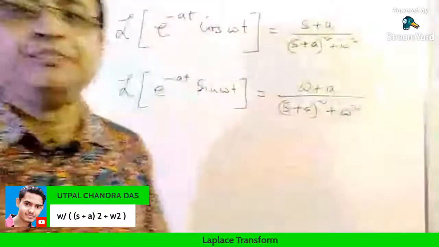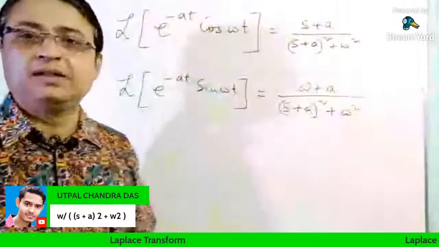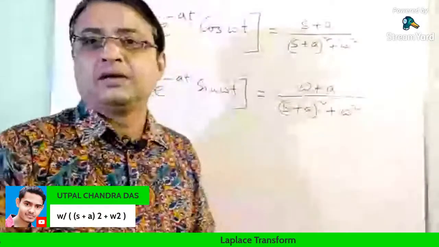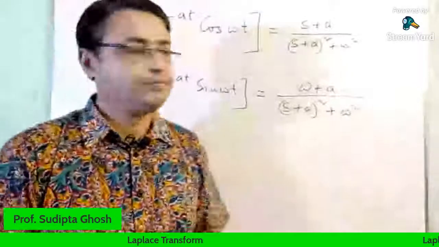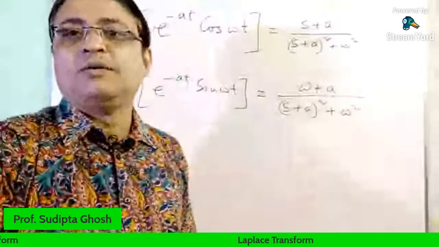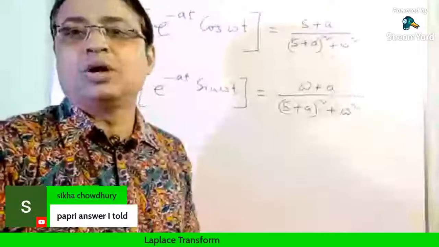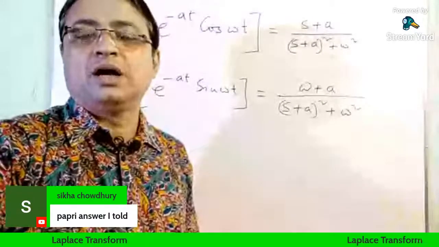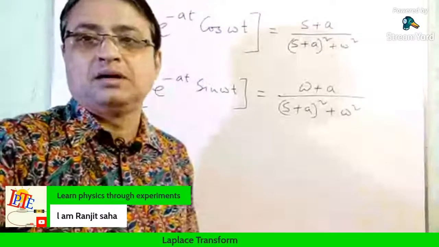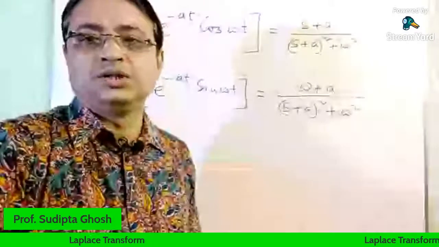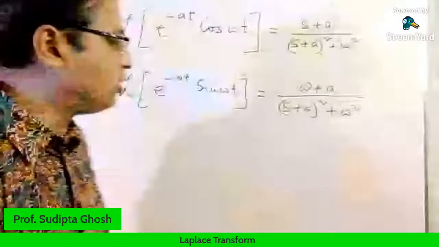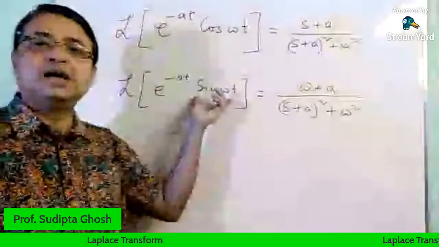So actually, Papri gives me the first result, but Papri, there is a small error. Papri is slightly wrong, because this is the f of t.